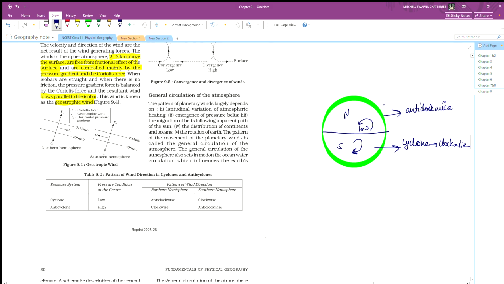Okay, that is basically the cyclone. Let's erase.